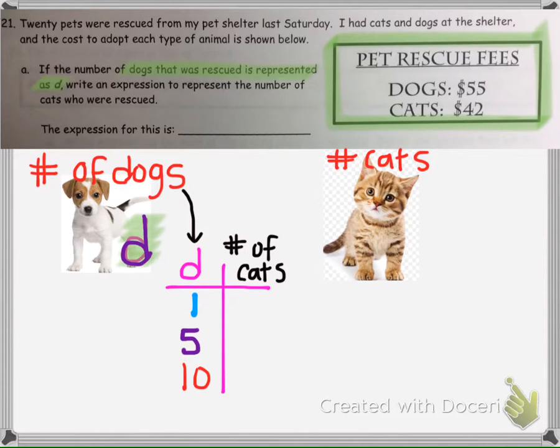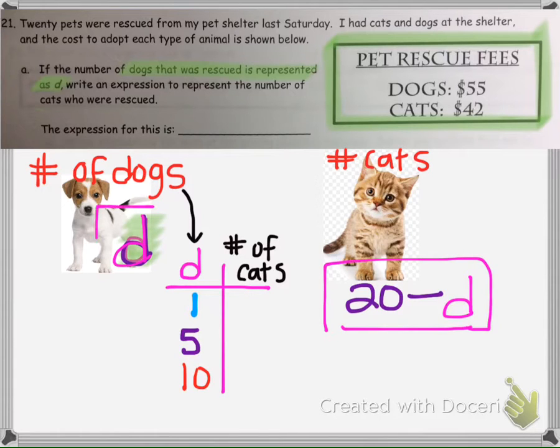So our expression that represents cats is, if there's 20 animals, if you take away the number of dogs, this expression represents the number of cats, and this represents the number of dogs. So part A, we would have 20 minus D represents the number of cats. If we take the number of dogs from 20, that leaves us the cats.